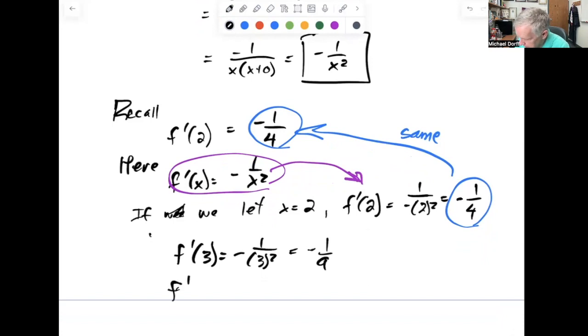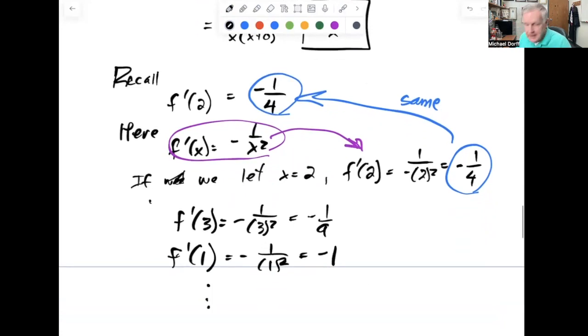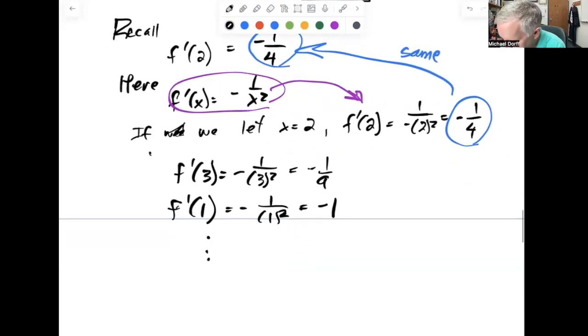Or I could do the derivative at 1, and then I get negative 1 over 1 squared, which is then negative 1. Okay, and I can keep doing that. I can find it for everything. So this new definition here, or this definition of the derivative of the function f of x as a function, allows me to find all the answers I need instead of just finding it at one particular point like we were doing previously. Okay.